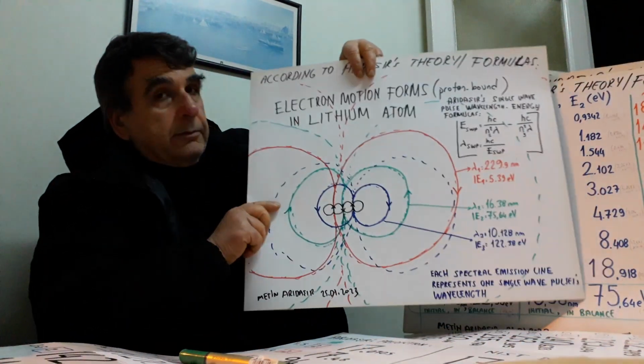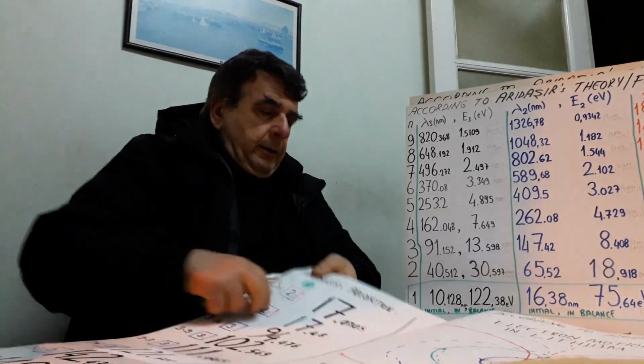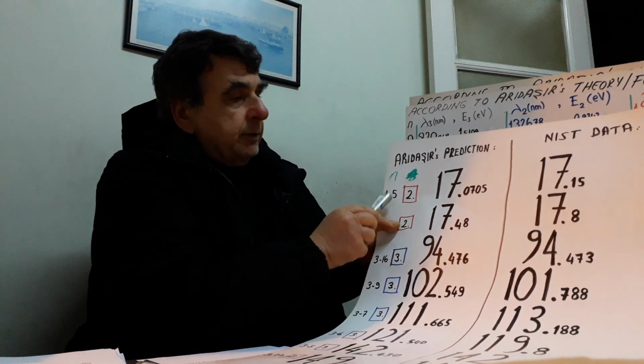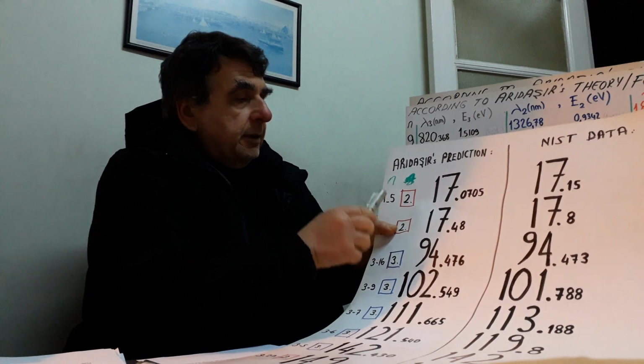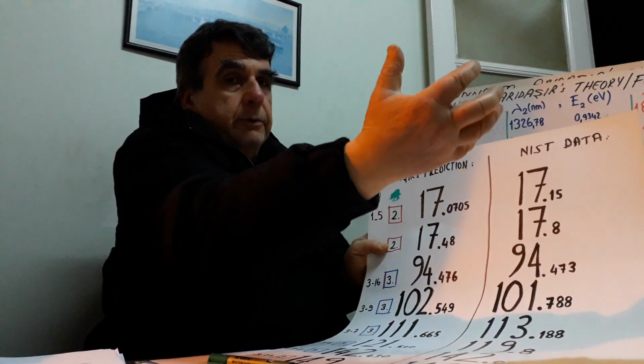Its initial wavelength is 10.128 nanometer, like this. From n equal 1 to n equal 5. Fifth wave number successive waves of free electron motion form from outside, effective free electron motion form, make this second electron enlarge.